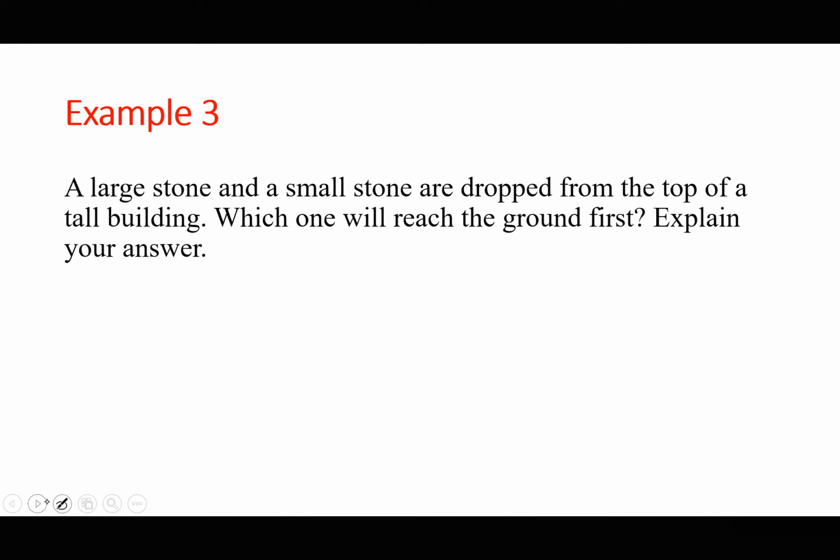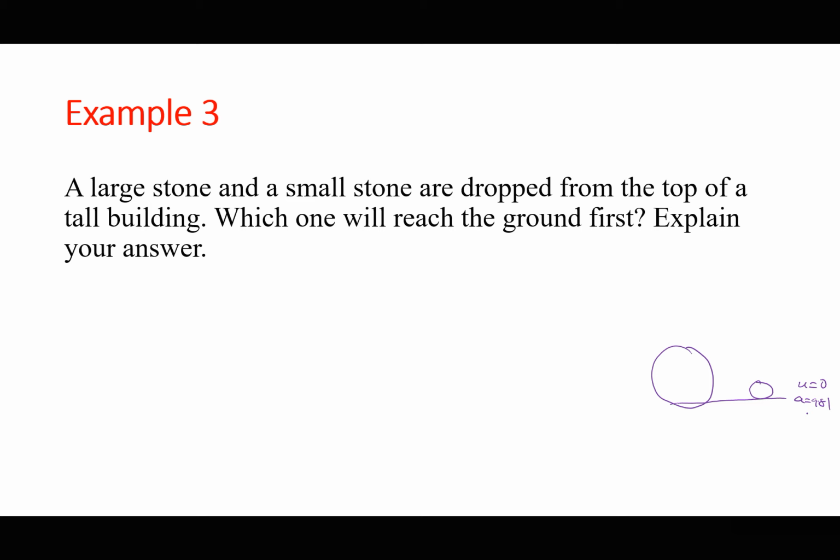Reason: if they start from the same level, a large stone and a small one, it means their initial velocity is 0. And the acceleration for each, if there is no air resistance, is going to be g, which is 9.81, which means their speed after 1 second is going to be 9.81 meters per second.